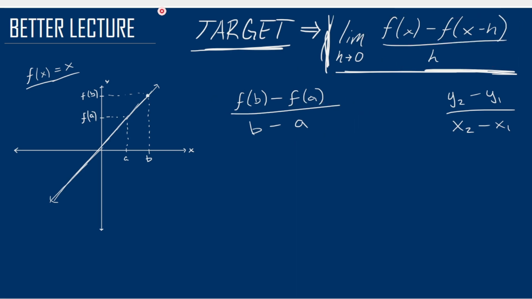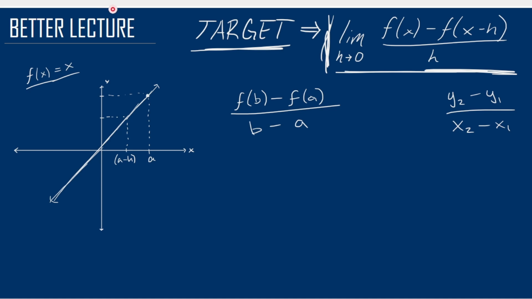On this formula, you can see instead of two different variables like we have b and a, it's just one. But one of them is modified with a negative h. So if we resemble that here, say we have a, and then we have a minus h.